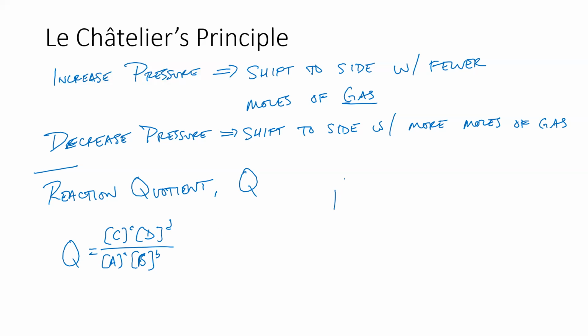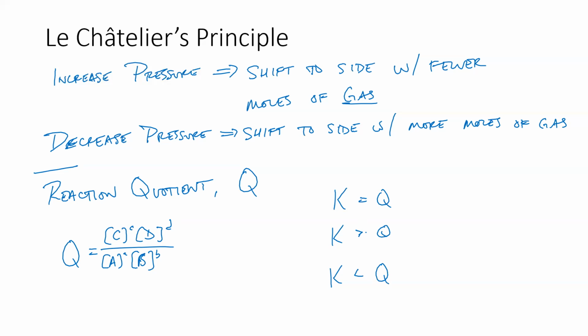And so we could have 3 different options here, relative to K and Q. The easiest is if K is equal to Q. The difference is that this reaction quotient can be calculated whenever we want, at any point in a reaction.